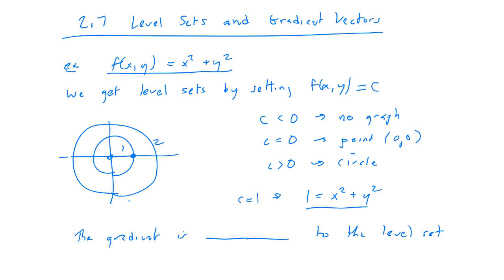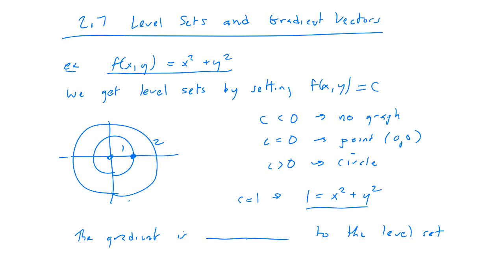So first, let me make it exactly like the last one. If I'm at this point, then in which direction should I move for the function to increase as quickly as possible? And that's in terms of the gradient.